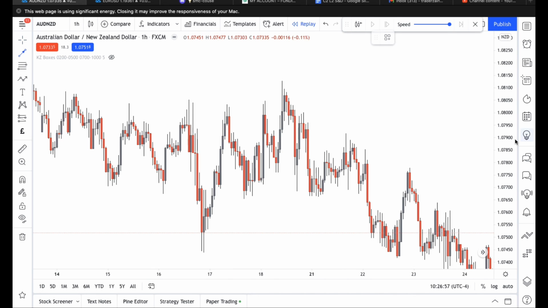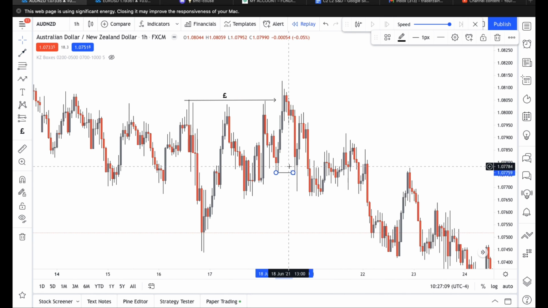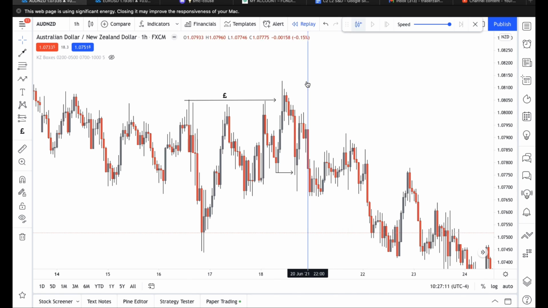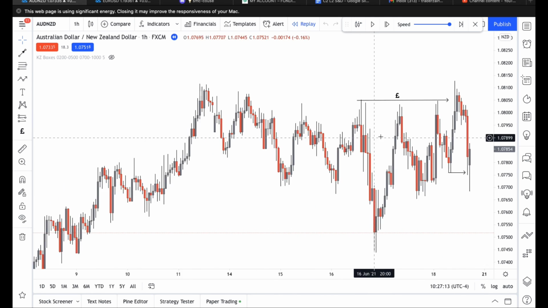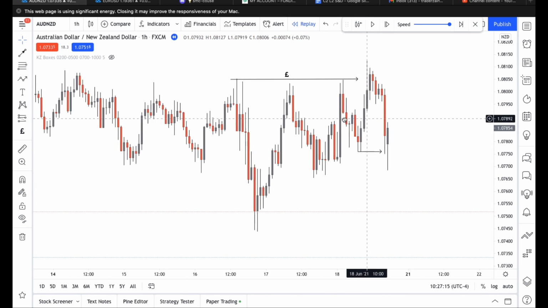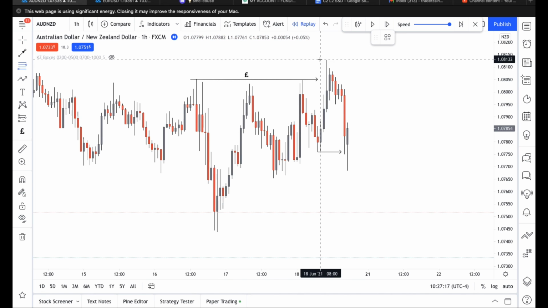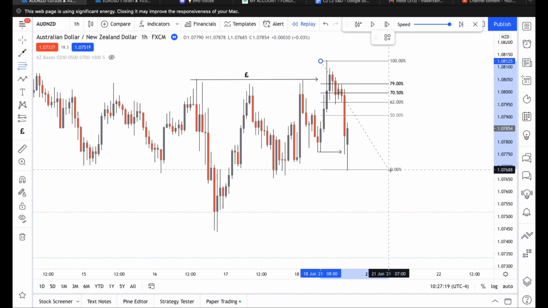Let's just mark everything out quickly. That was the equal highs that got taken out. Right. That was that break of structure. Now once we mark out these, we'll start to look for our entry point. Cool. So again, take out our Fibonacci, mark out the swing high, mark out the swing low.